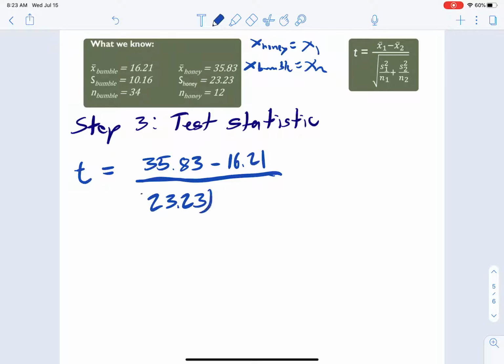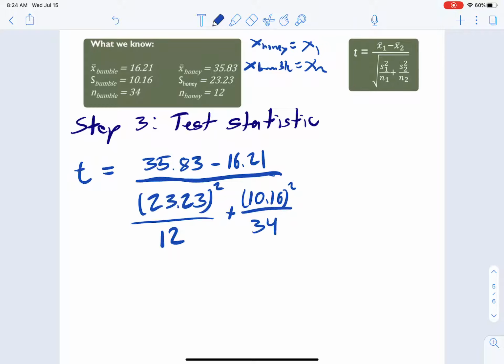Here's what I'm doing, splitting this up between the honey, or 1 and 2, just so I can keep track of things. So that's squared divided by 12, we've got 12 honeybees. Then we've got 10.16 squared divided by 34.